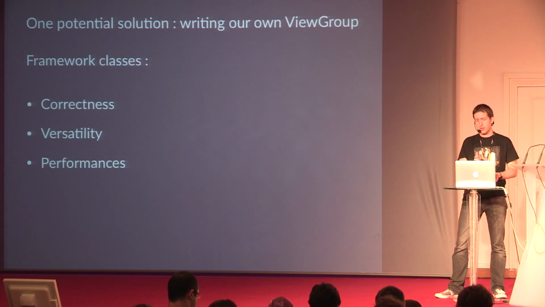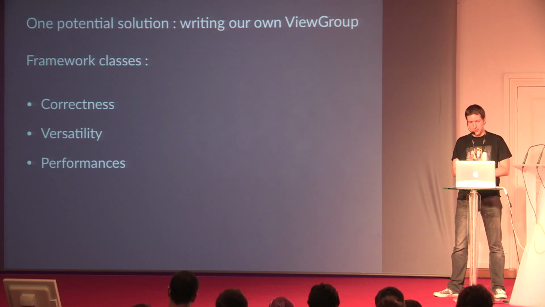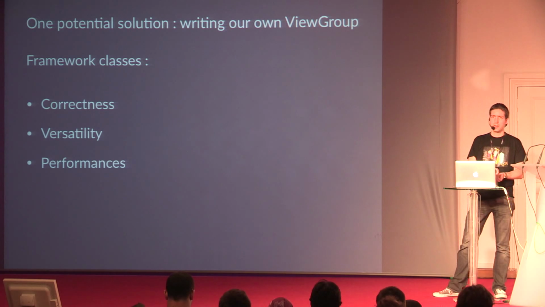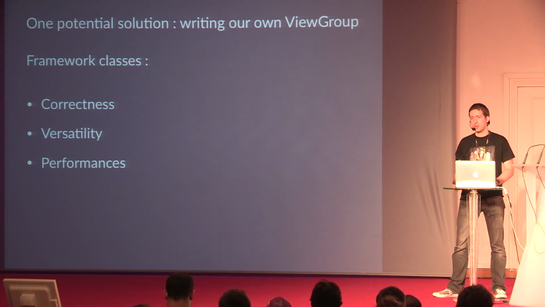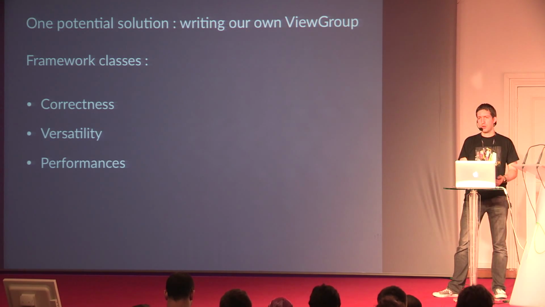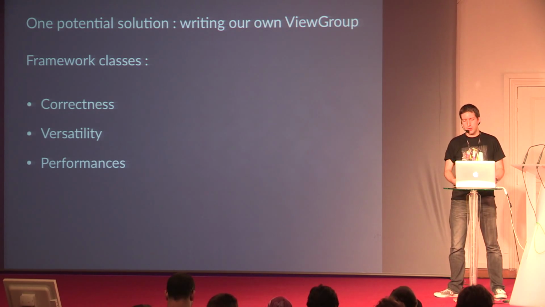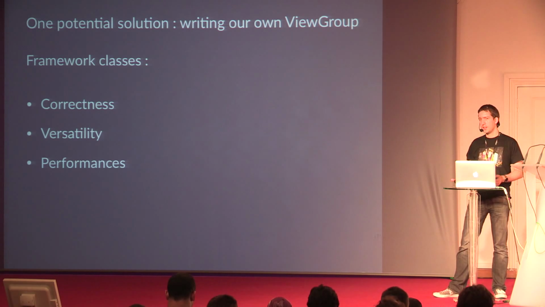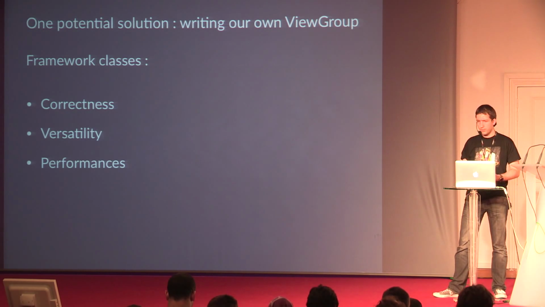What we can do, though, is extend the ViewGroup ourselves. So if we look at the framework classes, they have a couple of priorities. First, be correct. If you ask an element to be on the left of another, the framework must give the correct layout. Secondly, they need to be versatile.